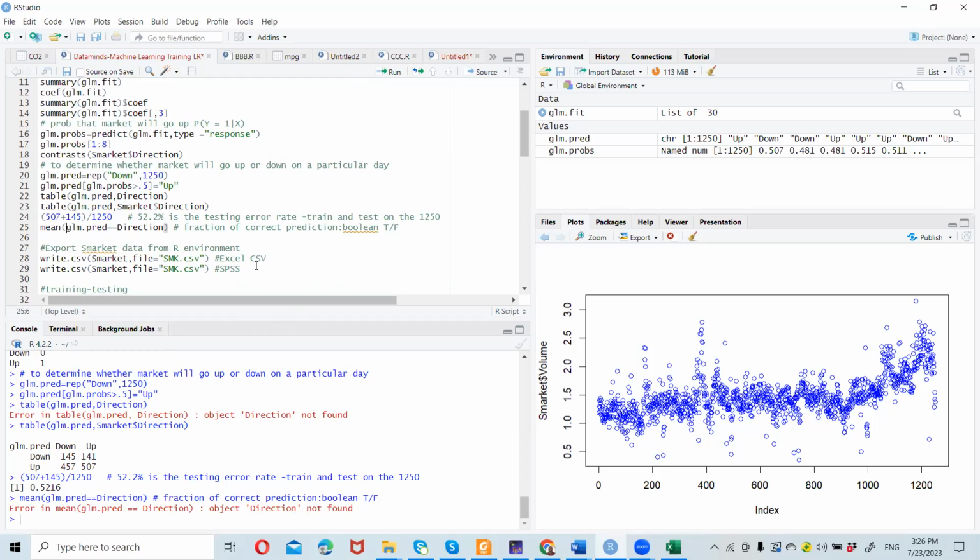Yes, before the direction. After the Smarket, before the Smarket $, after the equality. We are on the table, please. Is it line 23 or line 22?